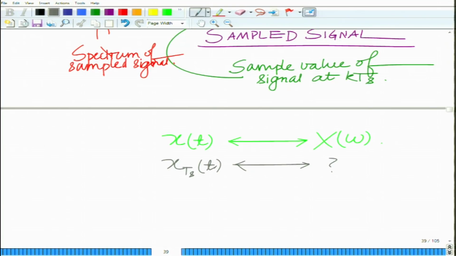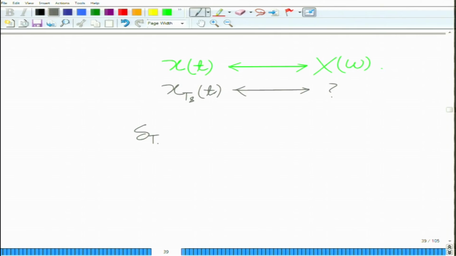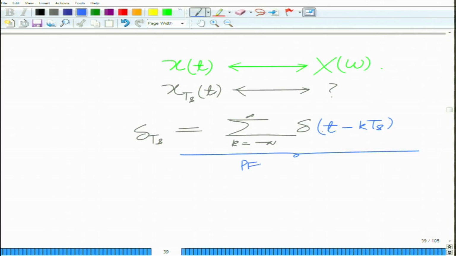To do that, first let us start with the spectrum of the impulse train. Okay. So, the impulse train equals summation k equals minus infinity to infinity of unit impulse functions at each integer multiple of T s. Now, you can see this is a periodic signal and the period is nothing but T s.